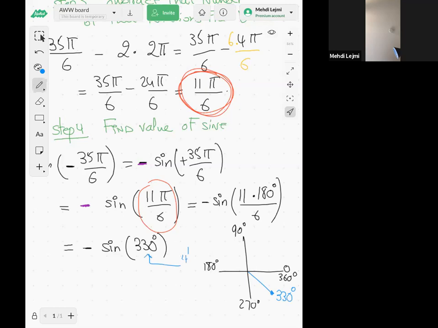Remember, guys, we are in the 4th quadrant, so we have to use the reference angle for the 4th quadrant.